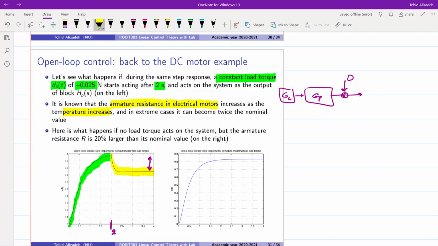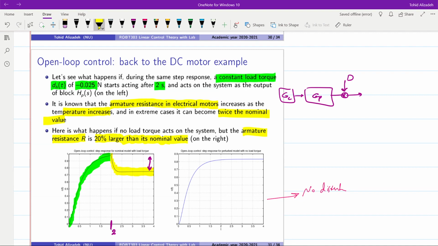In the extreme cases, it can become twice the nominal value. Over here in the graph, you can see what happens if there's no load. So here, no torque. No disturbance. But the resistance of the armature of the motor is 20% larger than its nominal value.